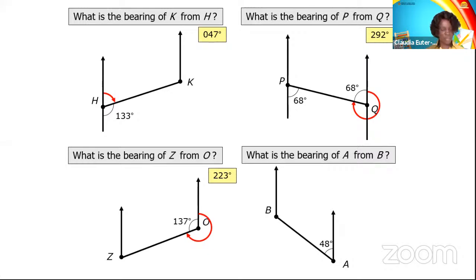Micah is saying is going to take 48 degrees from 180 to get 132. Micah, could you give me the reason for your answer in the chat, please?